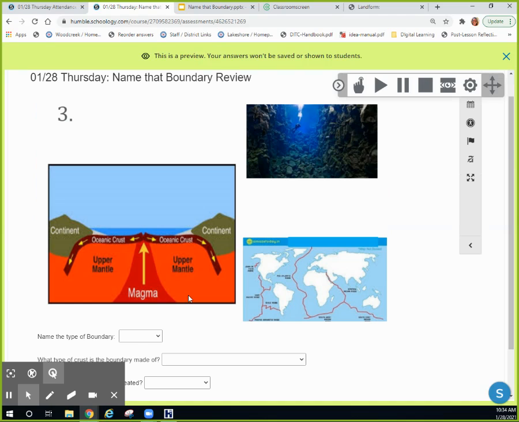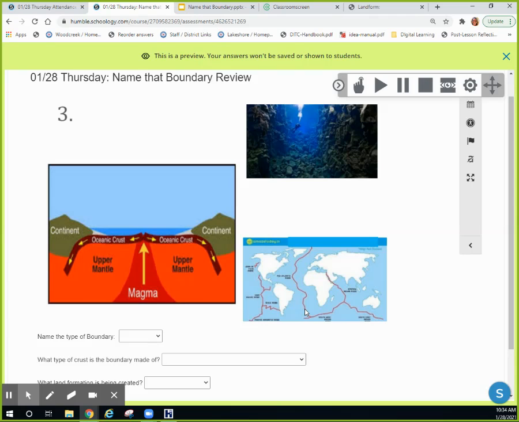Our third example is, we have a scuba diver really deep underwater looking at a bunch of rocks. We have a diagram where magma is coming up through a divide and oceanic crust is being pushed outward. And then we have a map with really long red lines being identified.